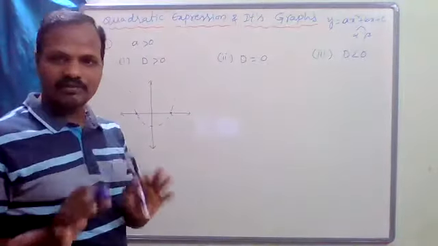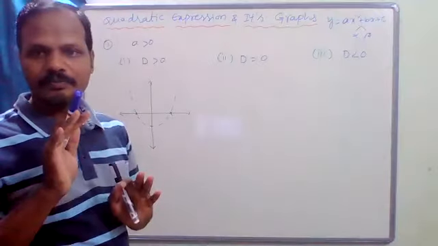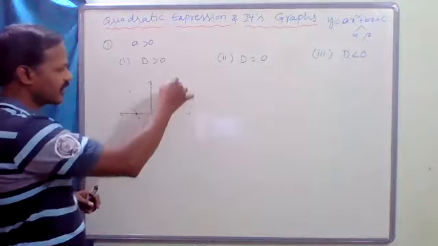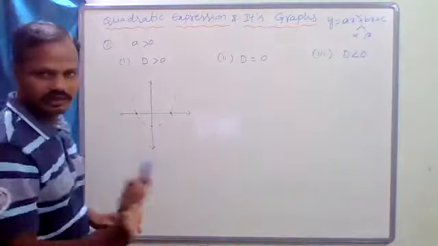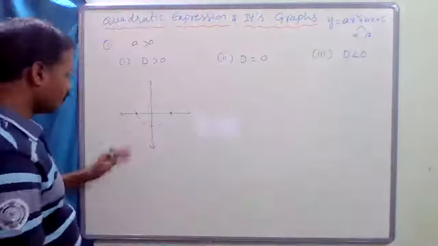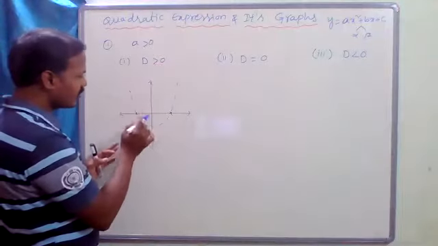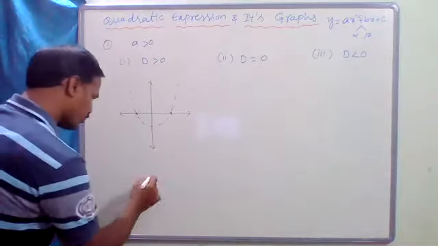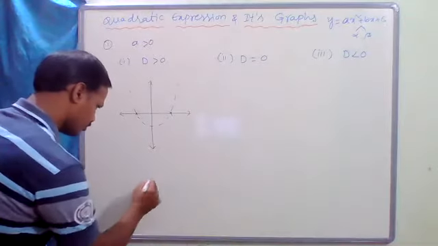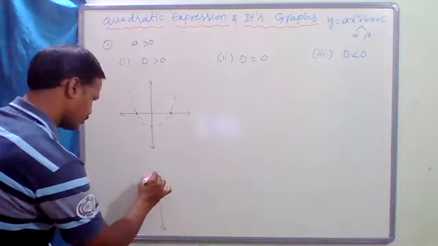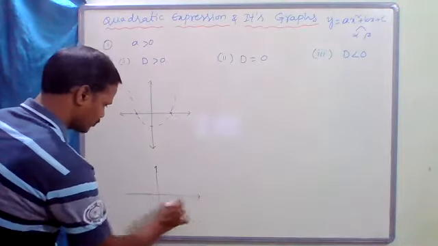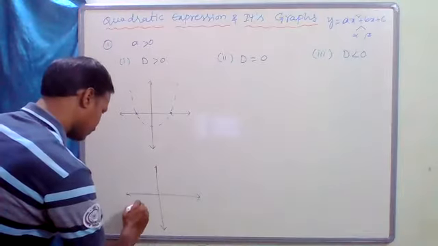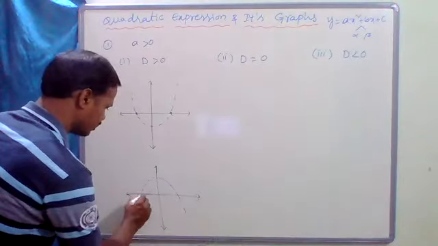You know that the graph of the quadratic expression is a parabola, which is like this or like this. So if D greater than 0, the graph cuts at different points. The graph may be like this, or otherwise like this.